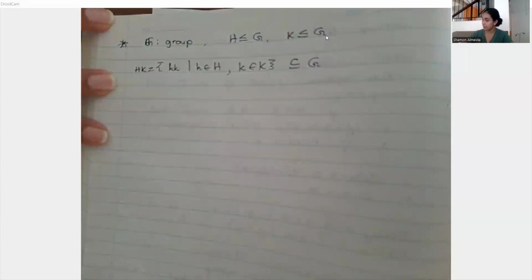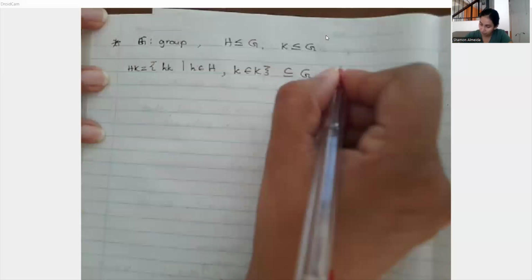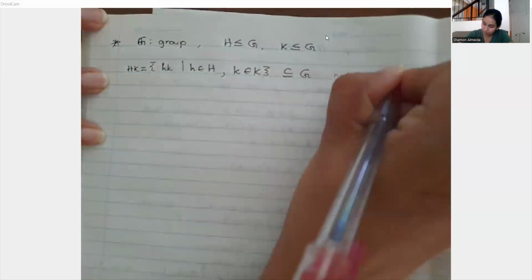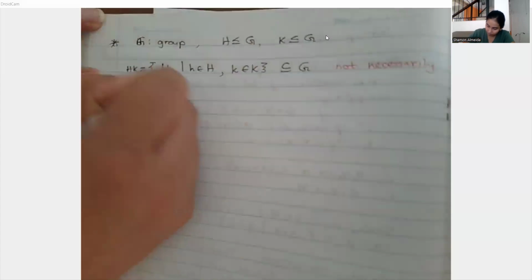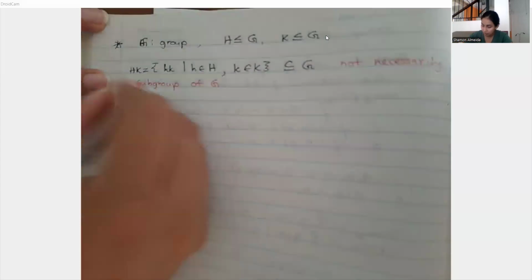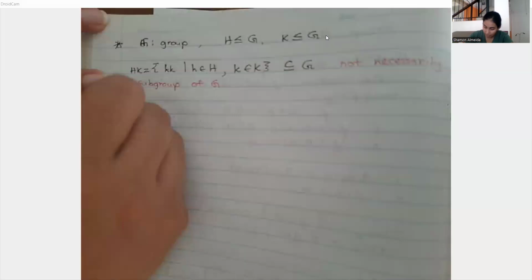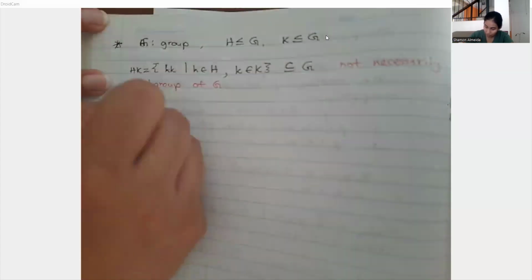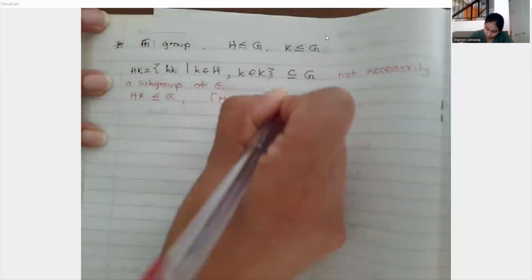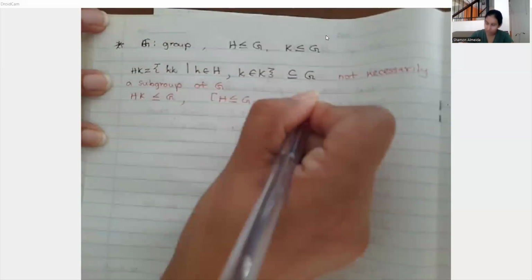Not necessarily a subgroup of G. If we recall, we showed that HK is a subgroup of G, given that H is a subgroup of G and K a normal subgroup of G. This we have shown.